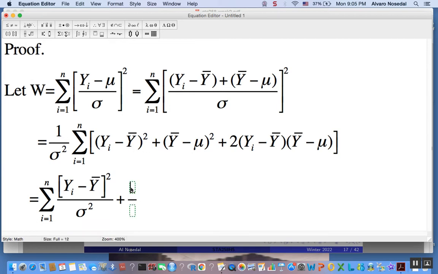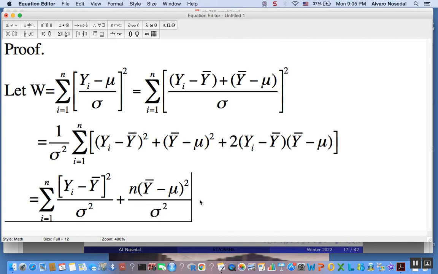so let me write that down. We have this guy here, and y bar minus mu is a common factor, and then we're going to have 2 times y bar minus mu times the summation of yi minus y bar, the whole thing divided by sigma squared.